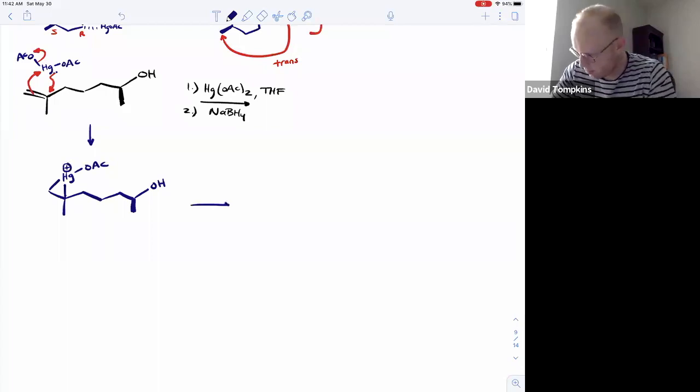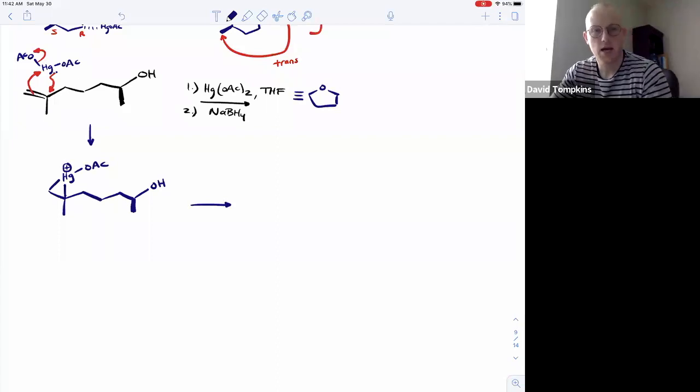So now we have THF, which is an inert ether solvent. There is no water in this solution, but there is another oxygen nucleophile, an alcohol. And the oxygen nucleophile can attack the bridge in a very fast intramolecular manner. Remember that the tertiary carbon of the bridge has more electrophilic character than the primary carbon.